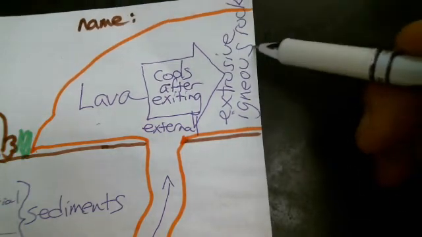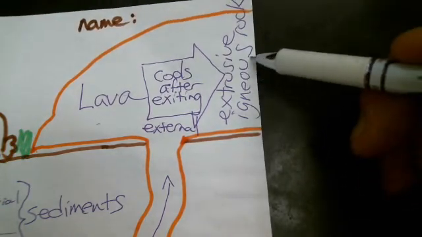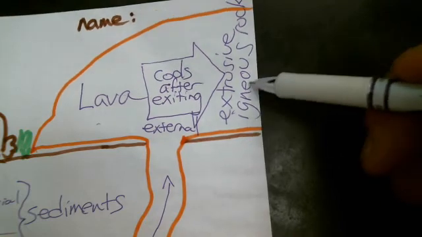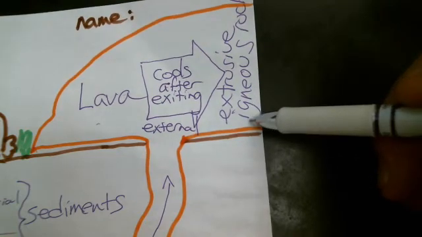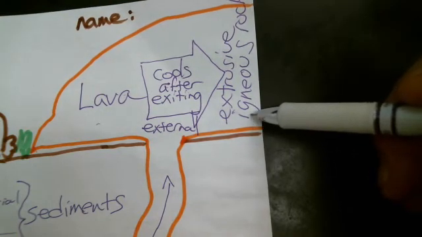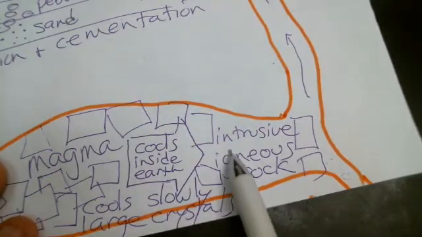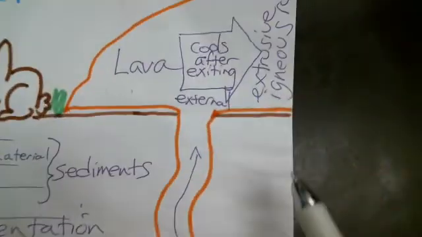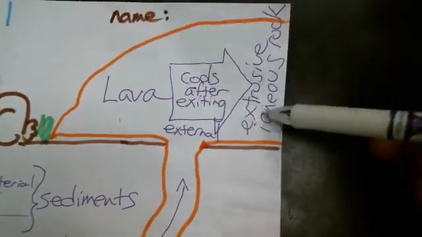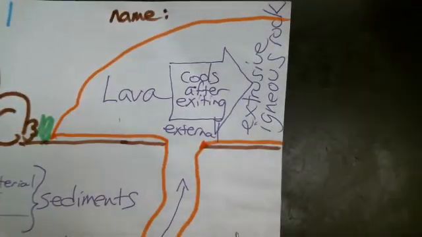The igneous refers to the fact that it was melted and it solidified to become the rock. So we have two kinds of igneous, one on the outside and one on the inside of the earth. On the inside is intrusive, on the outside or external is the extrusive igneous rock.